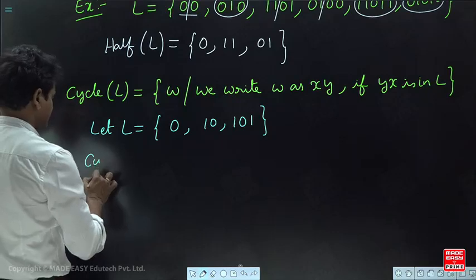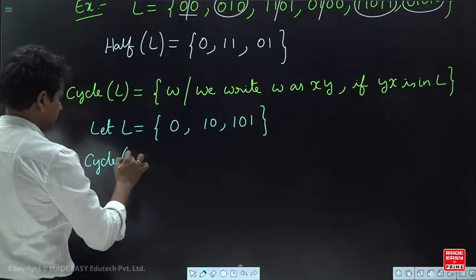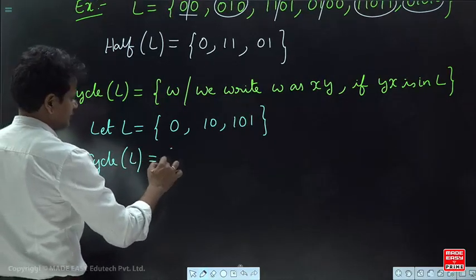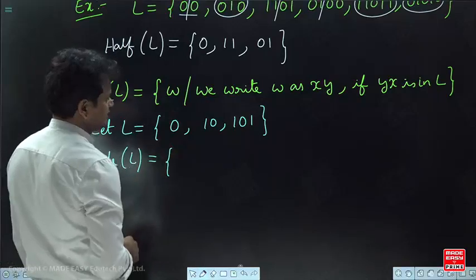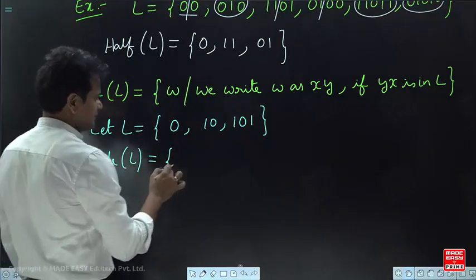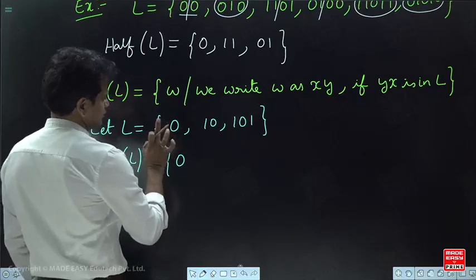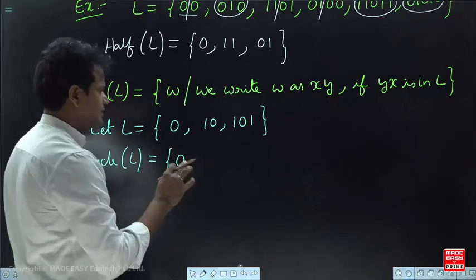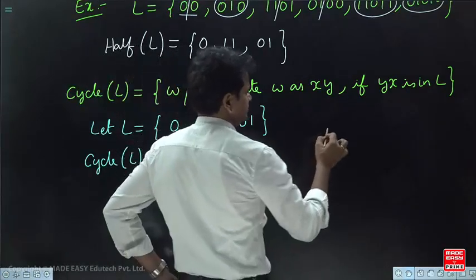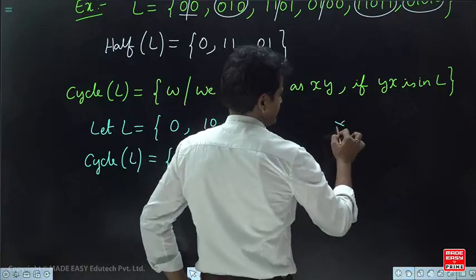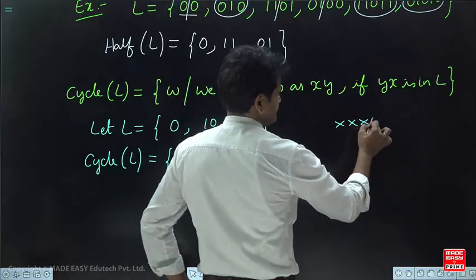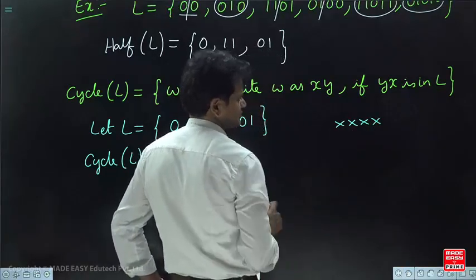What is cycle of L? Whatever the string you take, one thing. So this is only single. Okay, now just leave it aside. I am giving an example. In general I am explaining what is the cycle of this one.